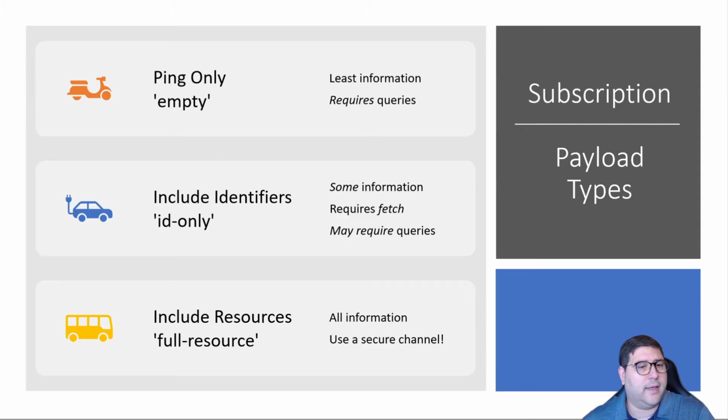That way the client can just go and ask in one query for all of that information. It gives this nice blend between the usability of the full resource and the privacy of the empty. So it's the in-between for those.